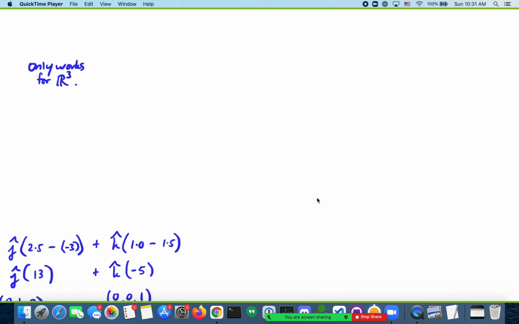Maybe I'll say a couple other things briefly. V cross W and W cross V are not the same. It turns out they are negatives of each other. So V cross W is the same as minus the vector that you get from W cross V. And then they do have linearity in the sense that if we take 3 times V and then cross it with W, what we get is the same as if we did V cross W and then multiplied that vector by 3.